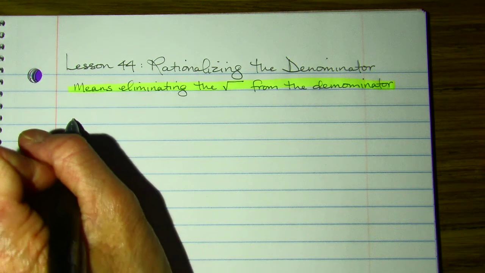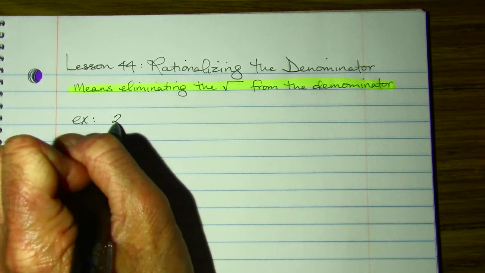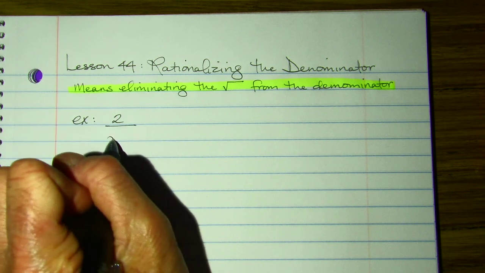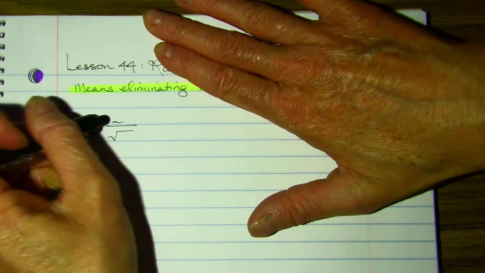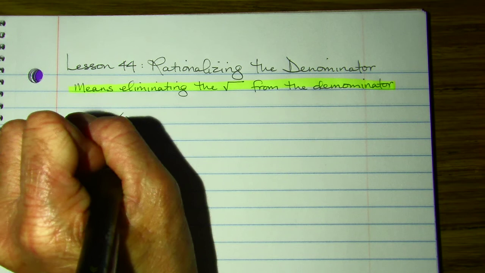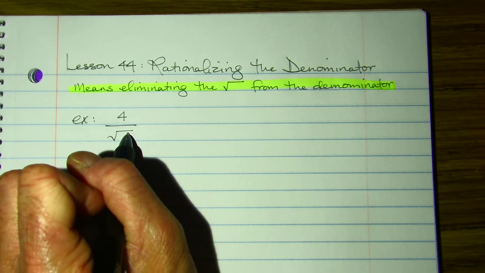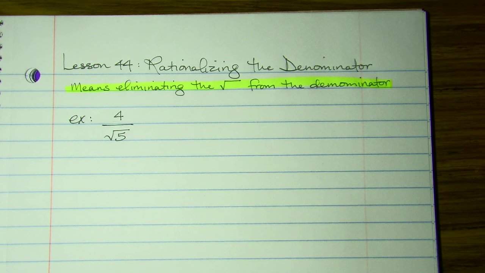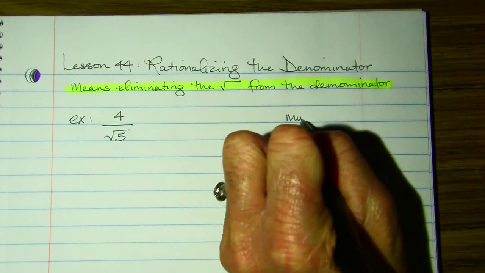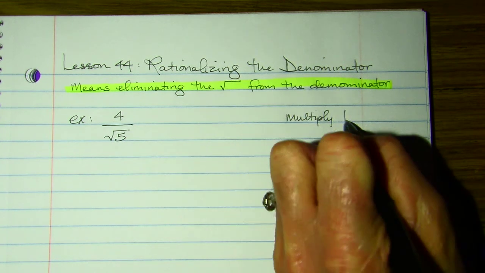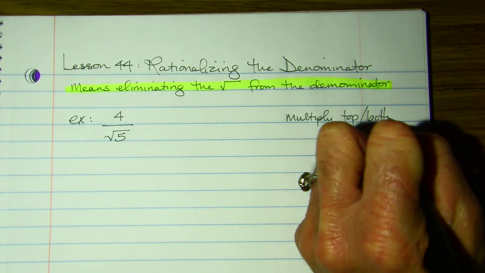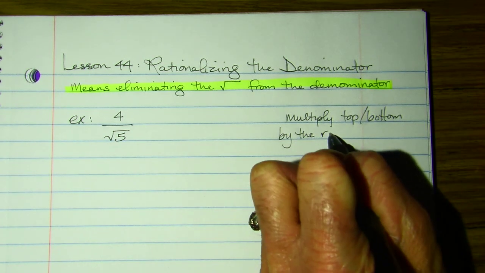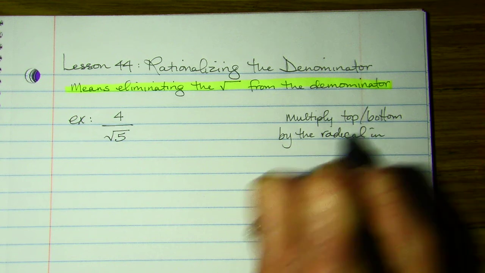So for example, if I have 4 divided by the square root of 5, in order to eliminate that out of the denominator, I'm going to multiply top and bottom by the radical in the bottom.